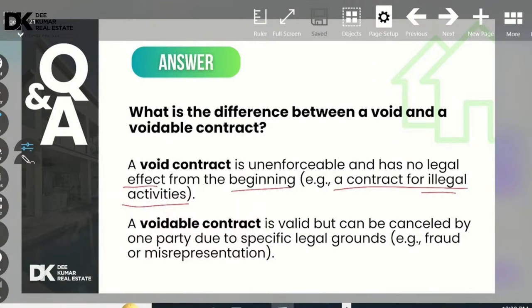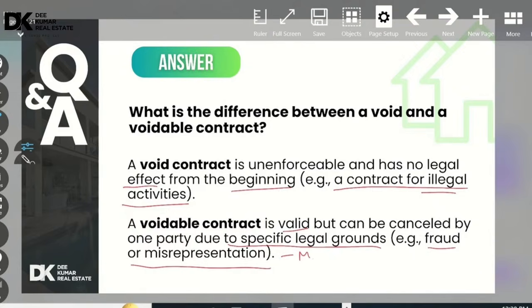Now, a voidable contract is a valid contract. It hits all of the marks of a contract, but it can be canceled by one party due to some specific legal ground. The classic one could be fraud or misrepresentation. And the big one that you see on real estate exams is for a minor.